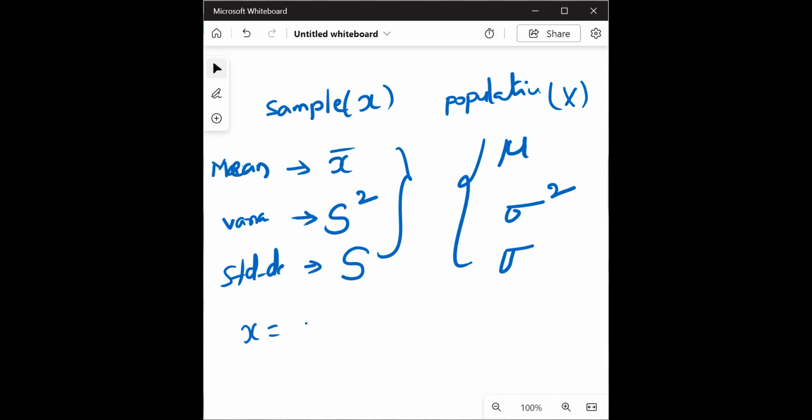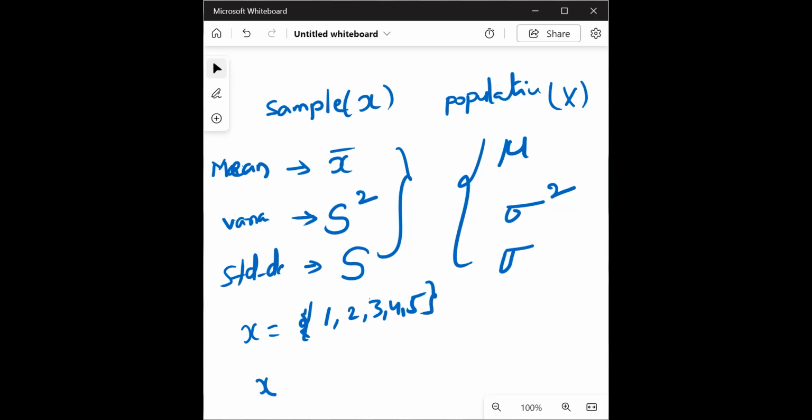See, I have a data something like this. This is my sample data: one, two, three, four, and five.